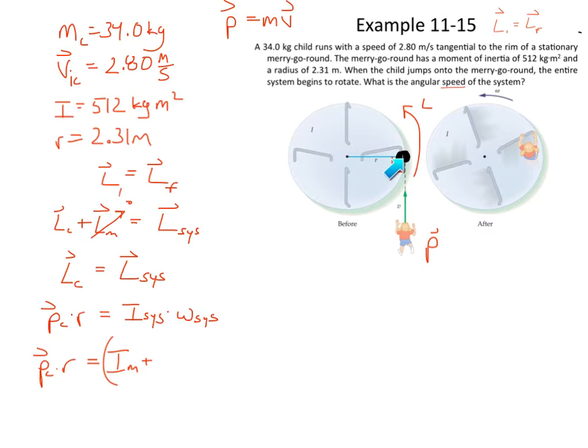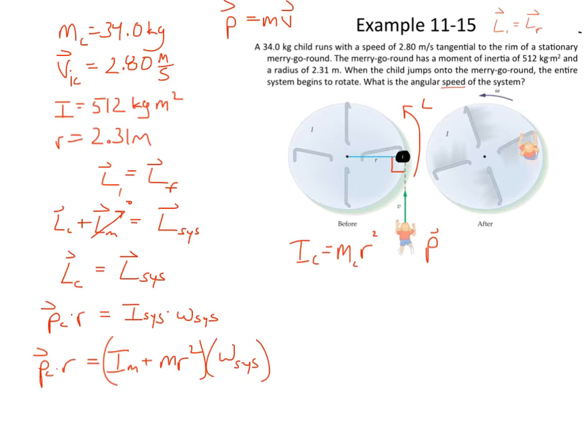And so the moment of inertia of the child, when that child hops on the merry-go-round, is going to be the child's mass times the radius, the distance from the center, squared. They're going to be on the outside edge, so their radius is going to be the radius of the merry-go-round. So we need to add that to the moment of inertia of the merry-go-round, right? So plus, I'll write it the way we wrote it: the moment of inertia of the child is mr squared. And multiply that by the angular speed of the system, which is what we're solving for.